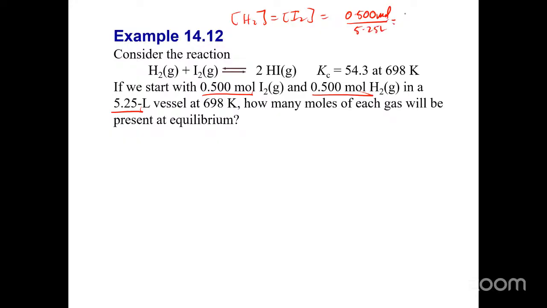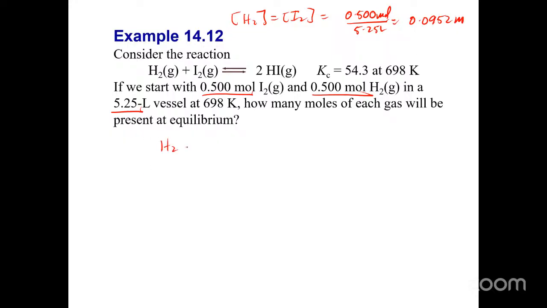So let's see what that gives. 0.5 divided by 5.25. According to my calculation, this works out to be equal to 0.0952 M.